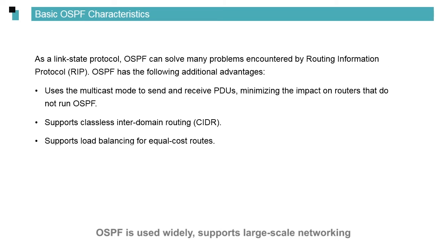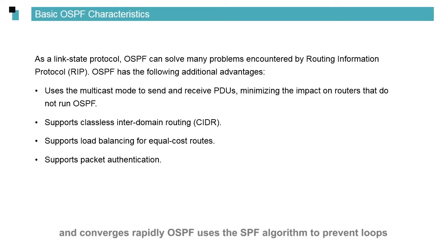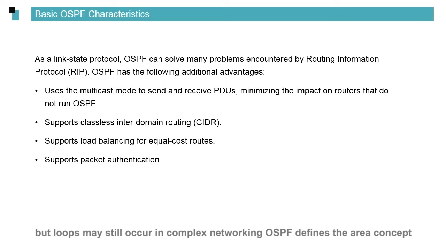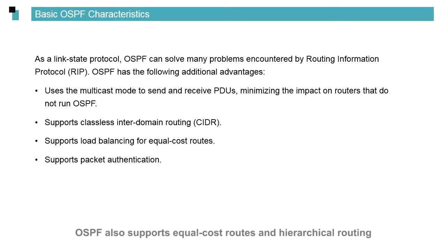OSPF is used widely, supports large-scale networking, and converges rapidly. OSPF uses the SPF algorithm to prevent loops, but loops may still occur in complex networking. OSPF defines the area concept, which makes the network layout more scientific and supports networks of larger scales.